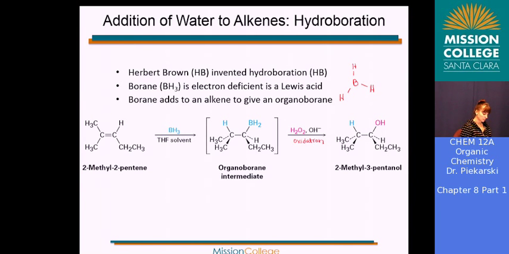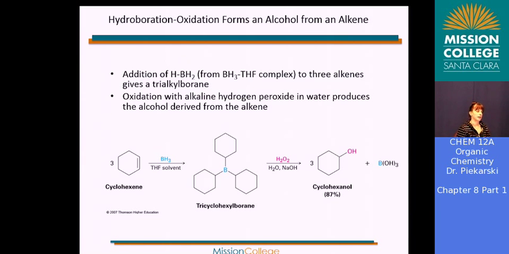Okay. Now, I did want to show you that in reality, usually we add a lot more alkenes than we do BH3. So if we have 3 equivalents, we could make a trialkyl borane intermediate. And so when I show you the transition state on the next slide, I'm only showing 1 addition. But this is what's happening in solution.